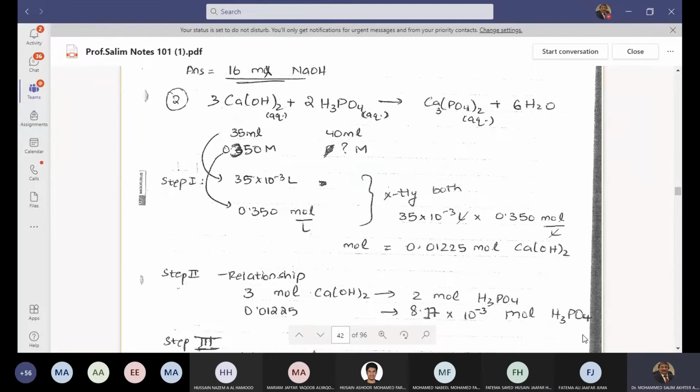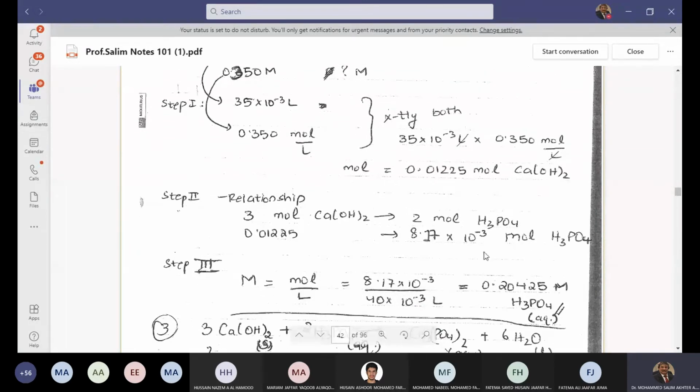Is this number correct? 8.17 times 10 to the power minus 3 mole. How did you get this number? 0.01225 multiplied by 2 divided by 3. Yes. Okay, good.